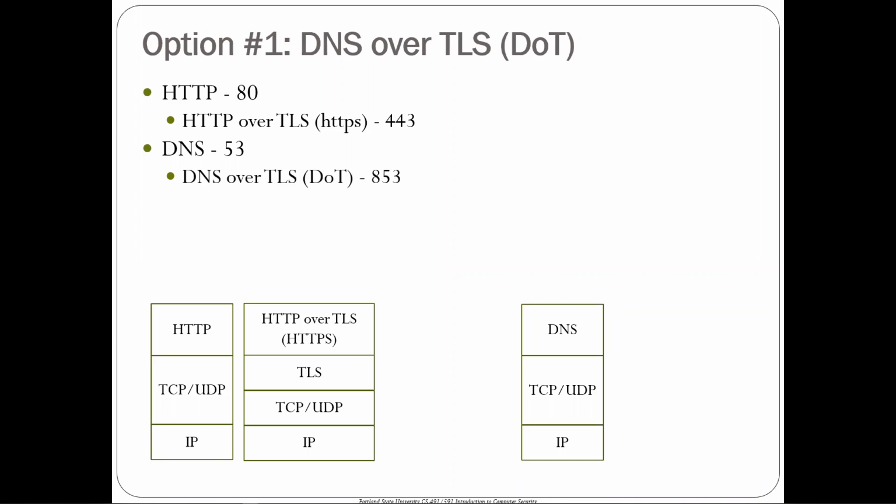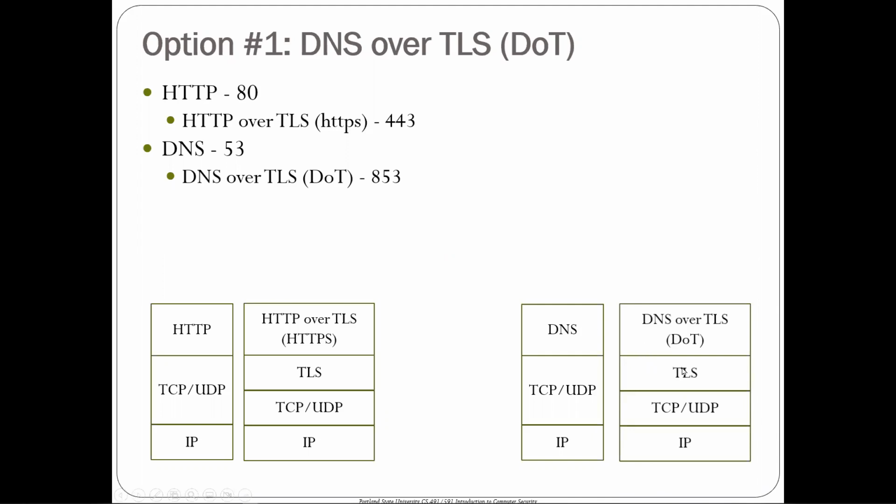DNS over TLS, or DoT, is a standard protocol for taking DNS, having it run on top of TLS, and then over TCP or UDP, because DNS can run over both, and then over IP. That is the first way of securing DNS, and that's just to use TLS.